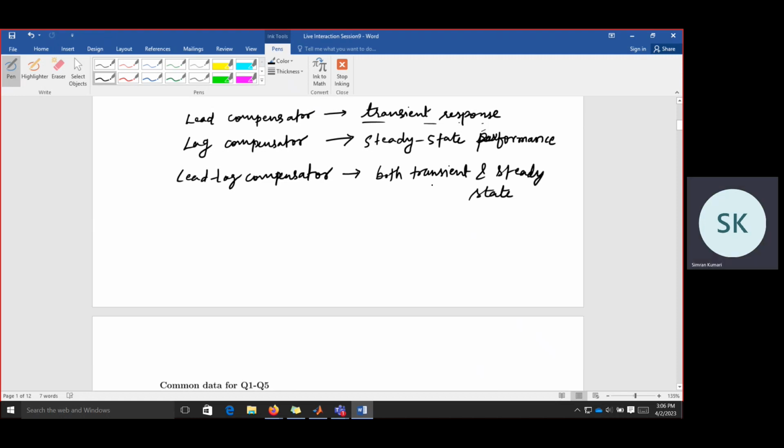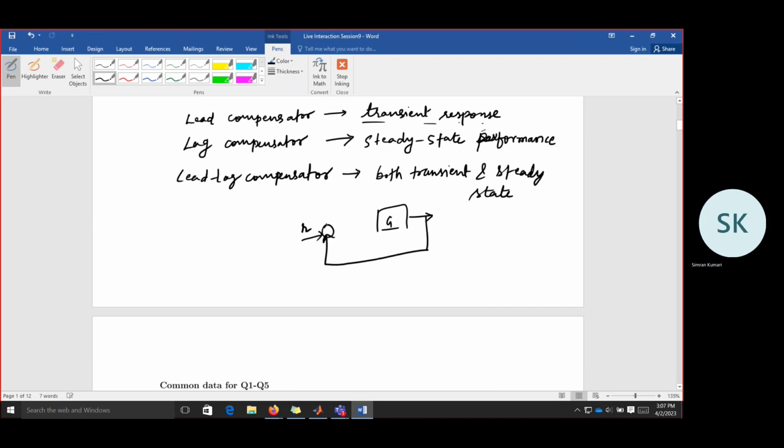And the design procedure was such that we had this open loop transfer function, this is the reference, and this is the compensator GC. First it is assumed that GC is a constant, simply a gain, and the gain is varied to check whether the desired performance is achieved.